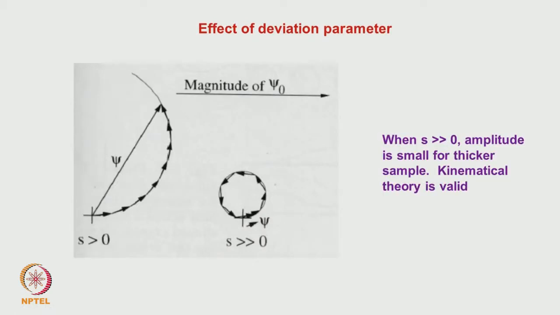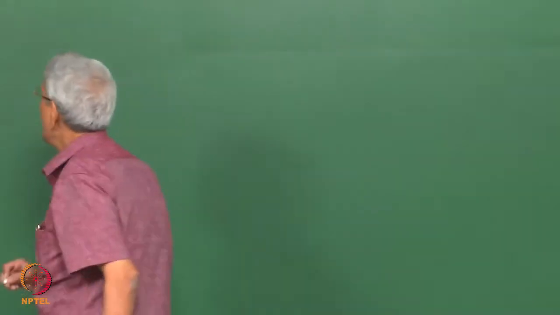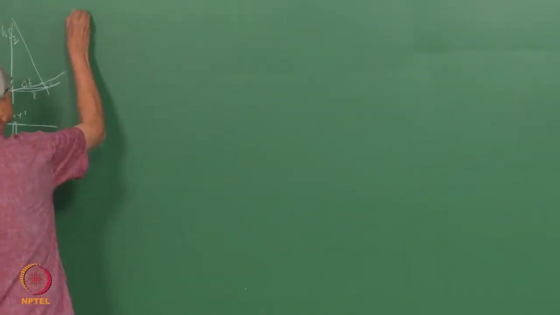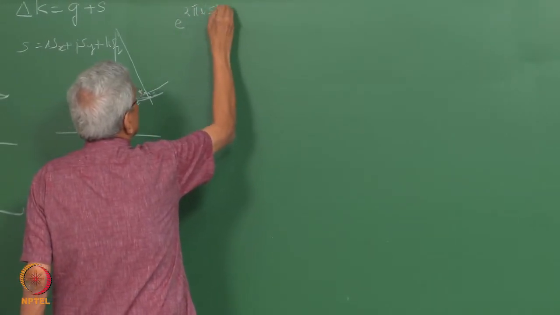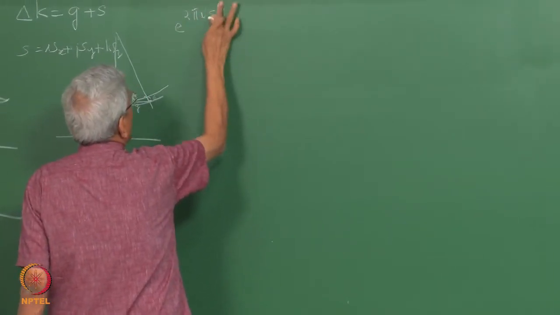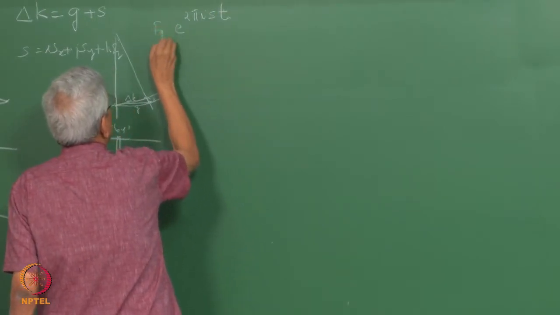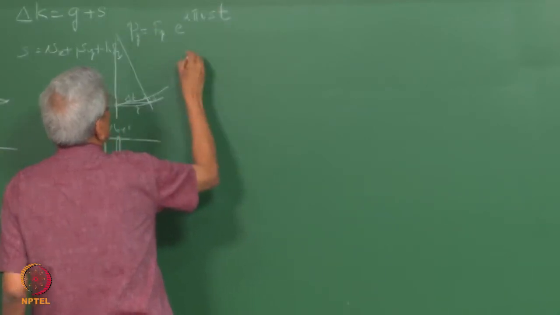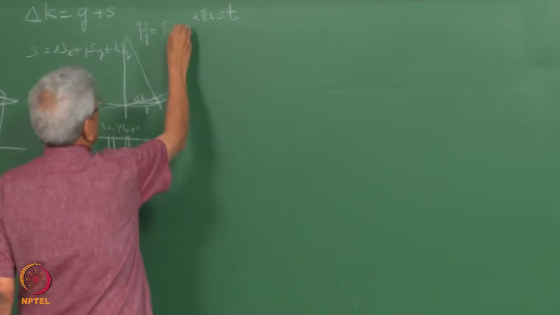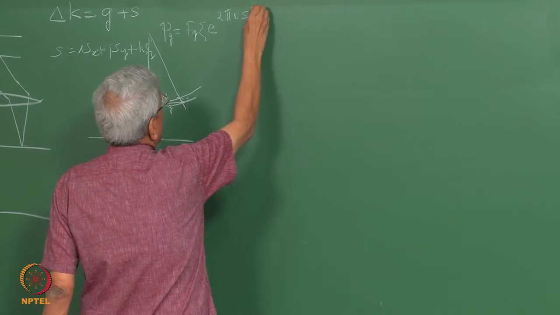This has some consequence. The consequence essentially is that the expression which we have derived contains e to the power of 2 pi i s into z, or s into t for the thickness of the sample, into Fg, over that full region.